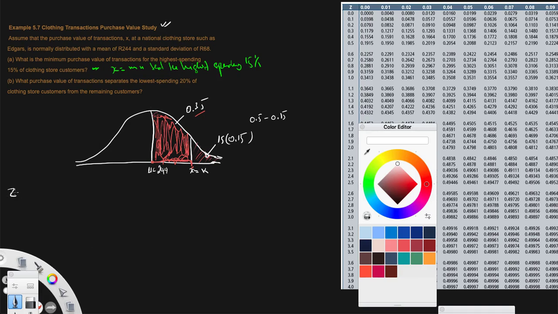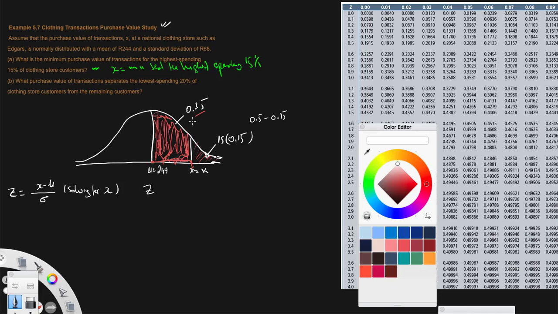We know that z is equal to x minus mu divided by the standard deviation. Now we are solving for x. Let's first get our k, or our z. We'll call it z now, because it's more or less the same.